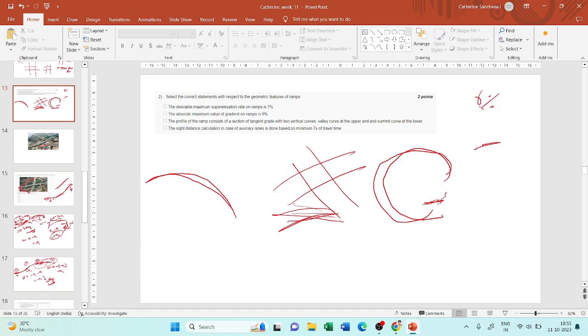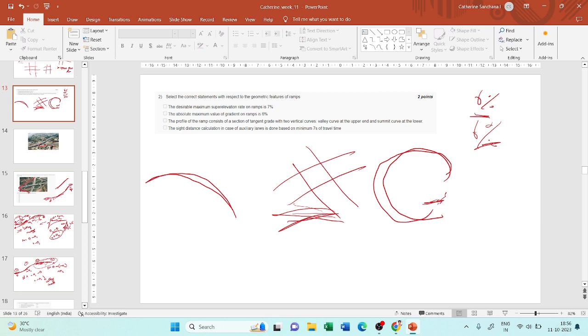Okay. And why they are limiting it to 6% is because when you're traveling on a plain surface and you make a turn, you will not tend to reduce your speed that much. Because of which your super elevation has to be provided a bit higher, so that it can take care of the centrifugal force.